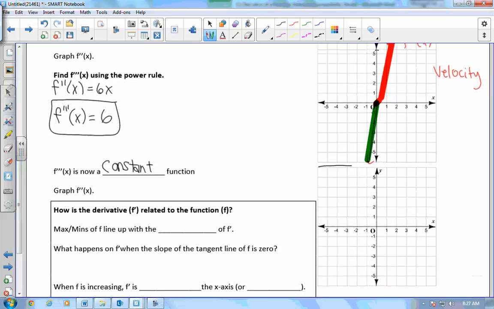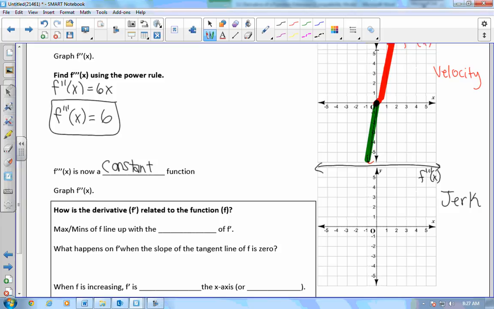So this is f triple prime of x, please label. And this guy is called the jerk. Okay, position, velocity, acceleration, jerk.